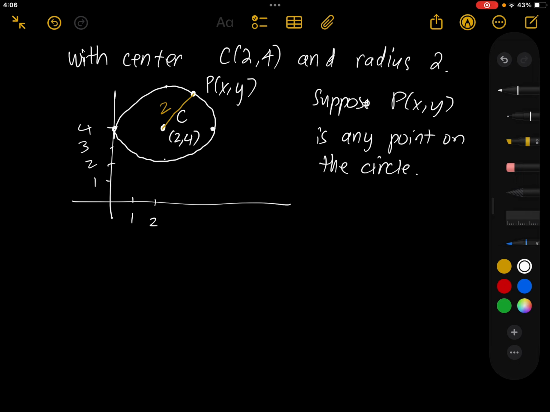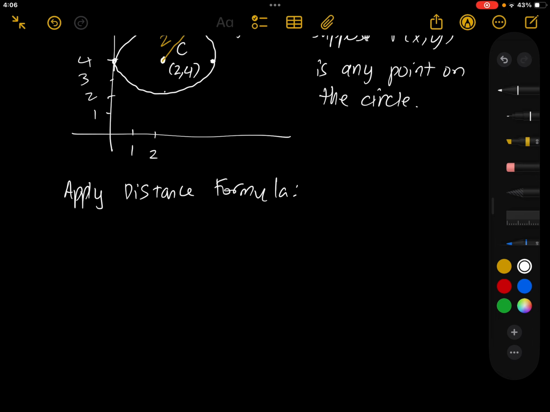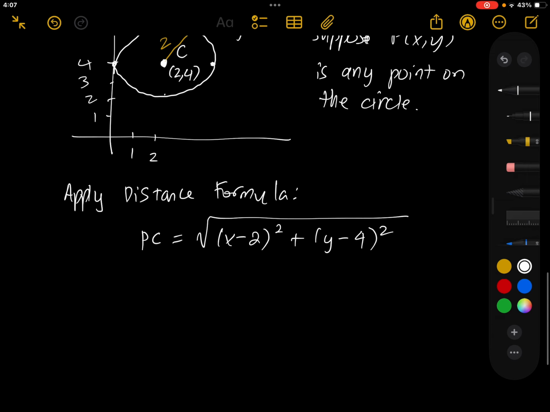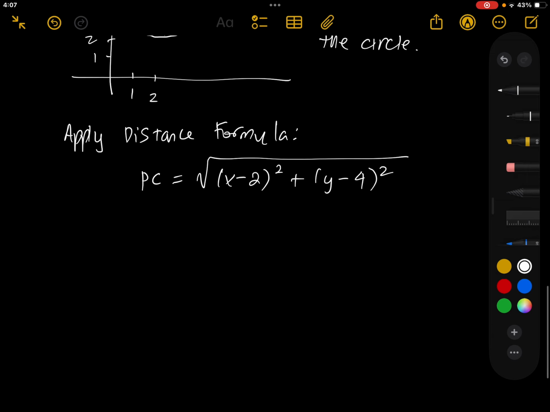Well, we can apply the distance formula. And that tells us that the length from P to C is equal to the square root of the change in x, that's (x minus 2) squared, plus the change in y, that's (y minus 4) squared. So you have these two points, and saying that they're 2 units away from each other is the same as saying that this formula is true.